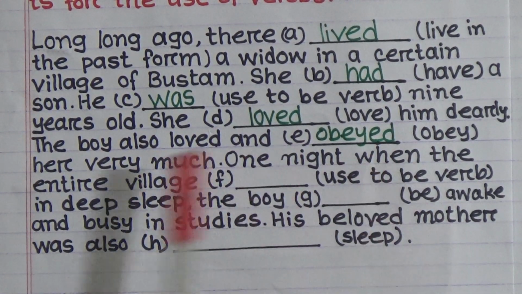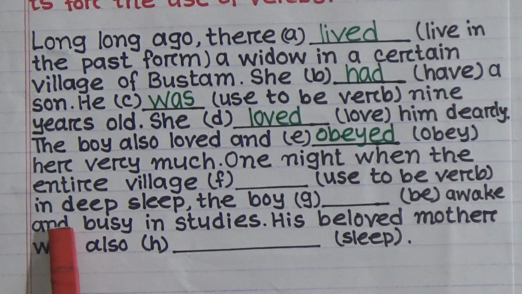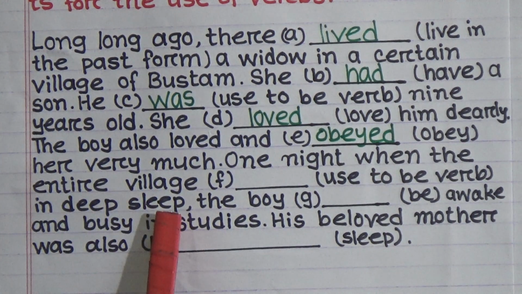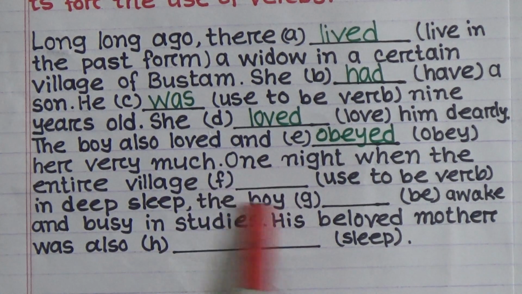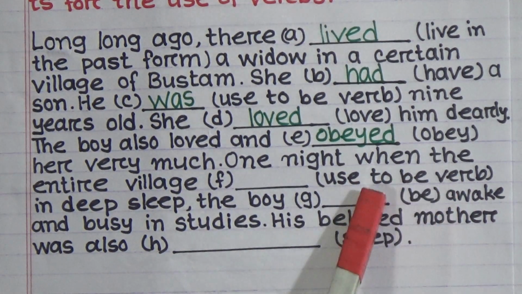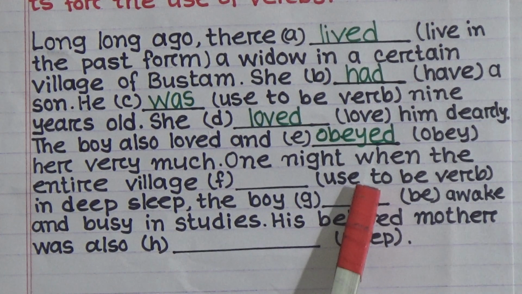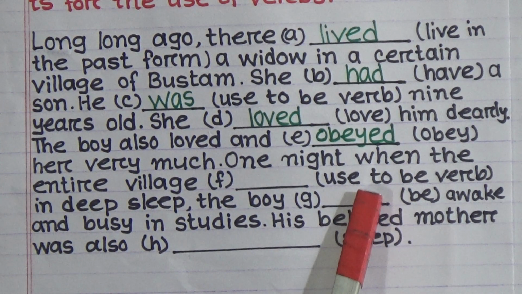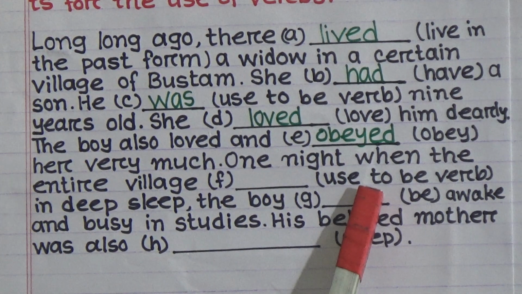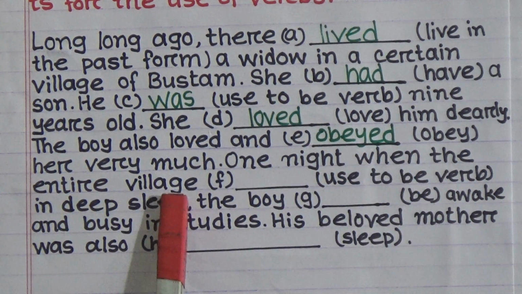One night when the entire village dash, used to be verb, in deep sleep. So look, here in the gap we have to use a to be verb, and the words are was, were, and this passage is from past tense, so you have to use the past form of to be verb. So it will be was, were, and you have to choose singular because the subject is the entire village.